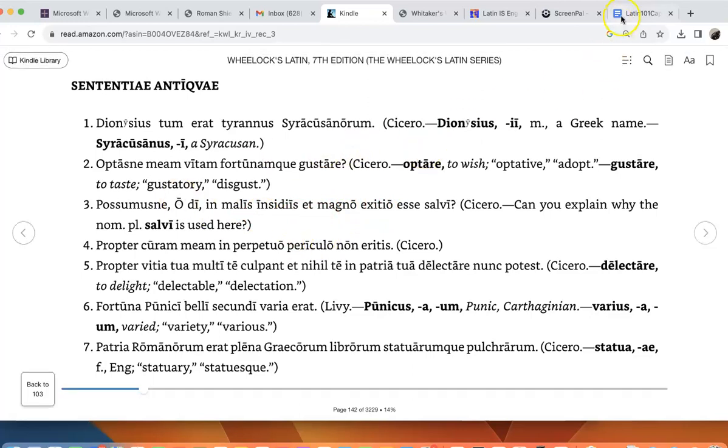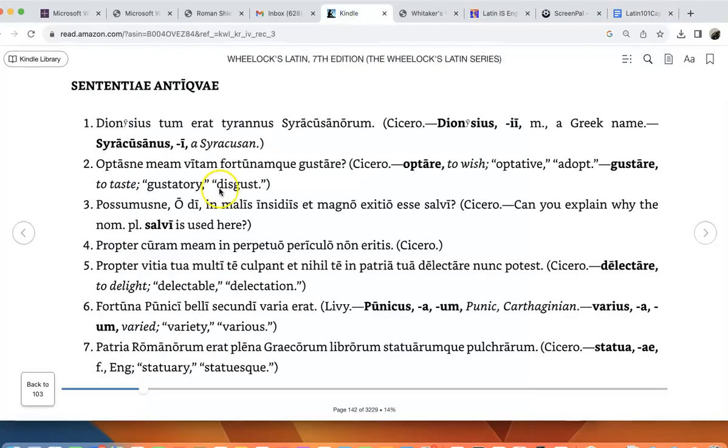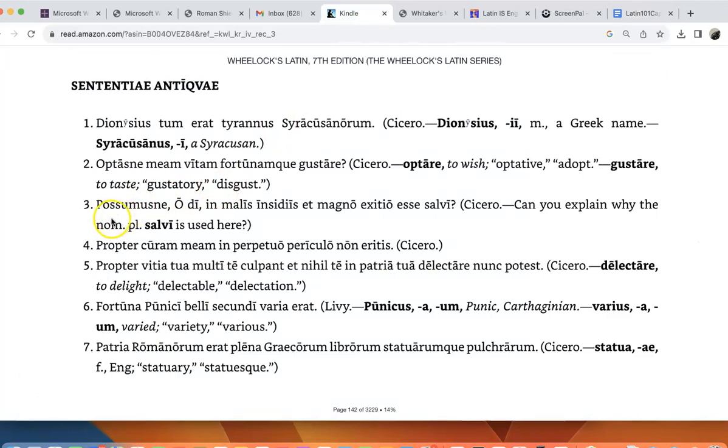Okay, so I'm going to move on here to number 4. And again, just finishing up number 3, sometimes translation is not a one-to-one meaning, and so sometimes words just don't translate readily, and that's okay. That's part of understanding. All right, number 4, propter curam meam in perpetuo pericula non eritis.